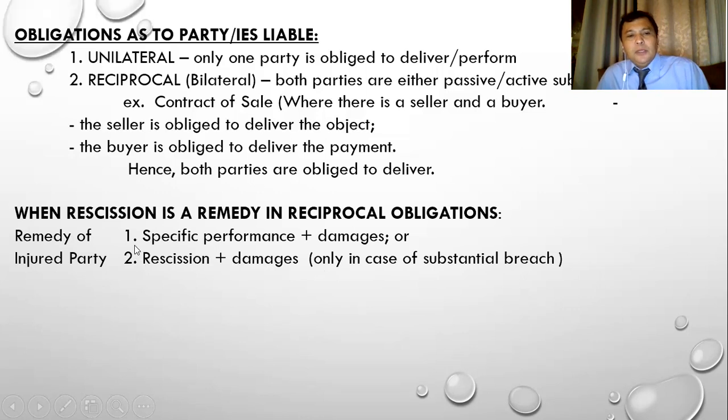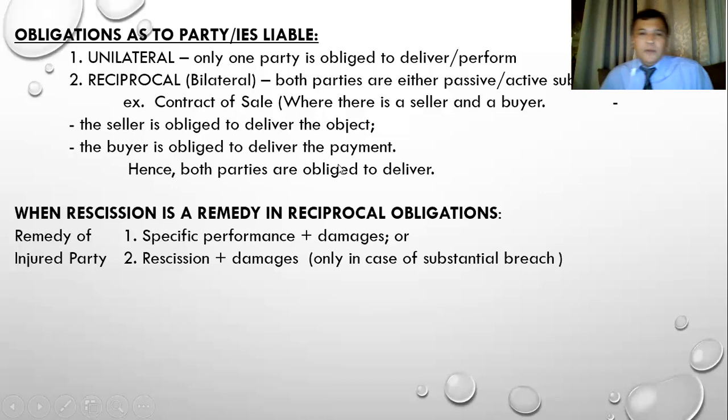Because the first remedy, in reciprocal obligations like here, in a contract of sale, let's say, for example, the buyer has already made his payment, but the seller did not deliver the object. So the remedy of the buyer is to demand delivery of the object. And that is, number one, specific performance. And he can also demand damages.